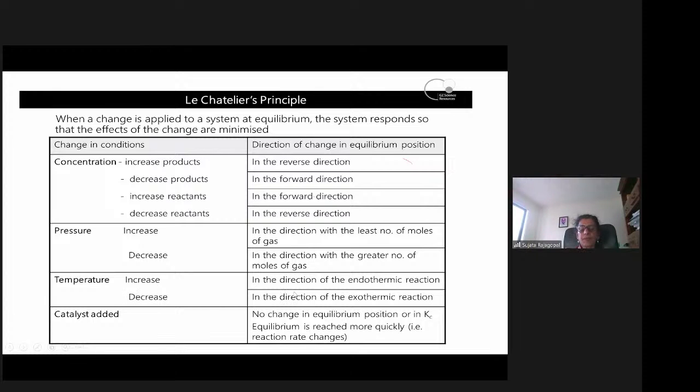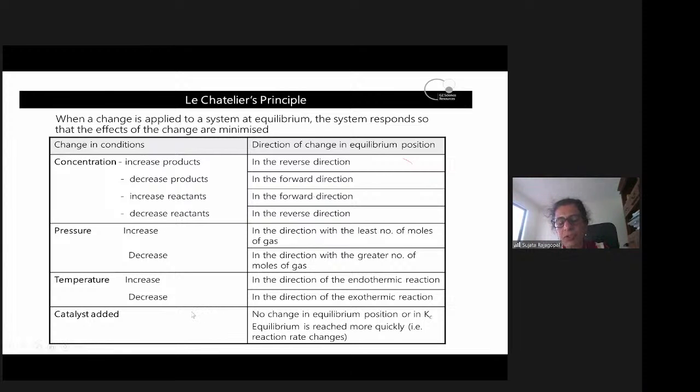Increase. If the temperature is increased, it is in the direction of the endothermic reaction, which means the enthalpy of the products is higher than the enthalpy of the reactants.